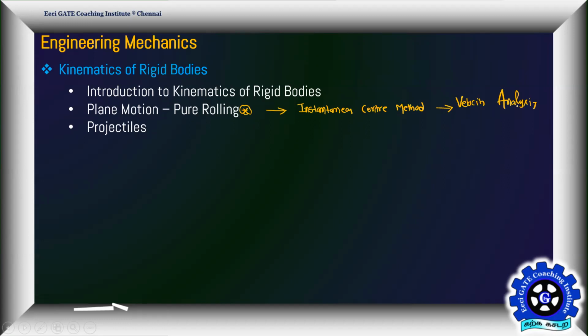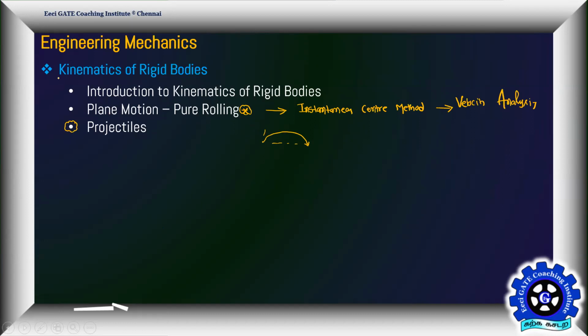It is very important, the instantaneous center method. Projectiles, everybody knows. You already studied this part in intermediate. At least what is meant by projectile, you know, right? So here, cricket: the ball will be following projectile motion, and then we need to analyze that complete projectile motion. So that is projectiles.